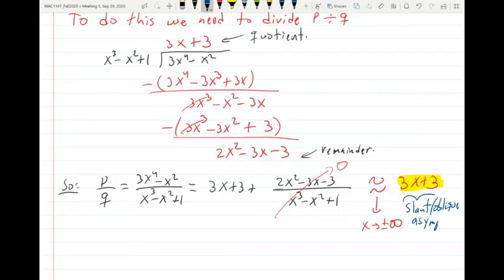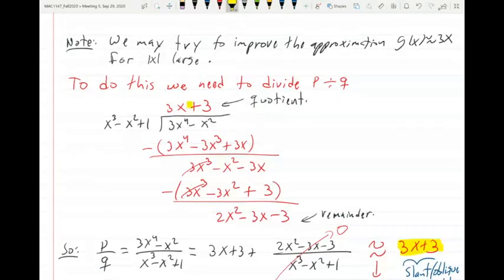Okay? In other words, to find a slant asymptote, all you have to do is do long division. So divide the two polynomials and the quotient is your slant asymptote.